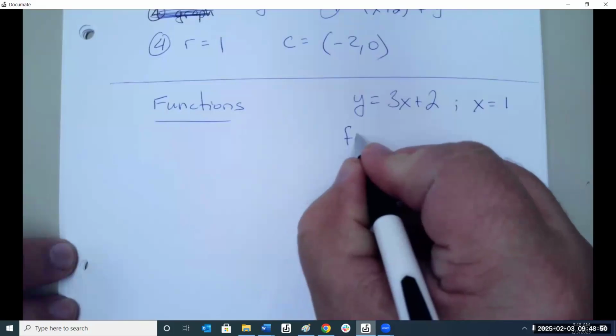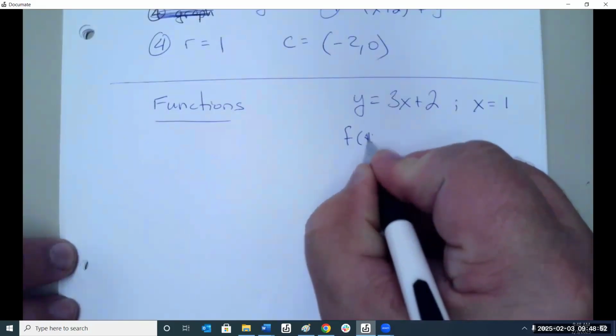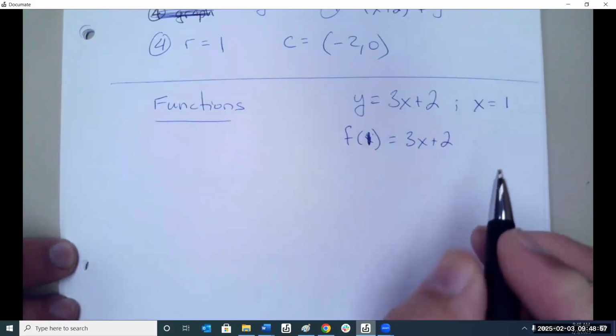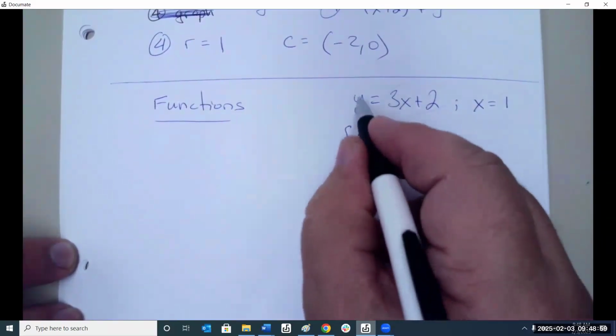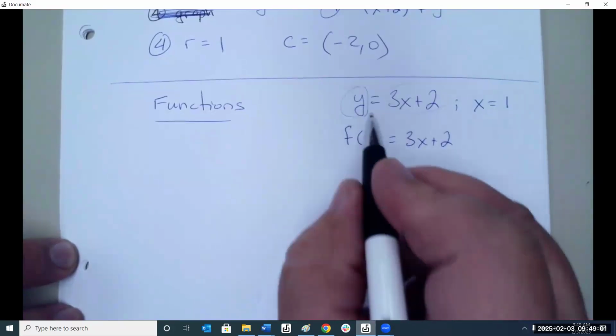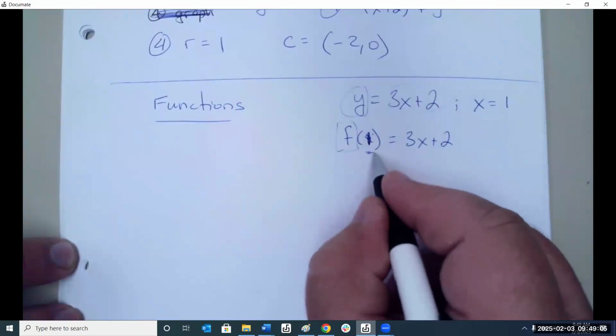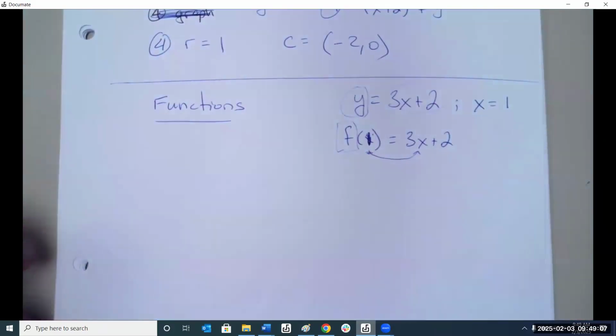Functions are now written this way. The equation part's the same. It's just instead of saying Y, I'm saying this is a function, the name of the function, and this is the variable. So anywhere I see this, it goes in place of the variable.